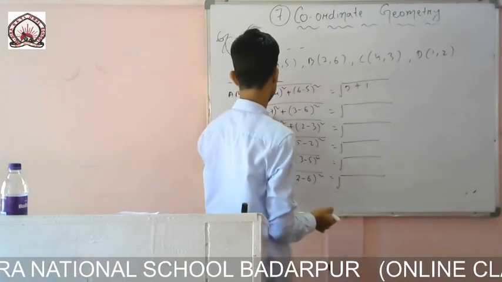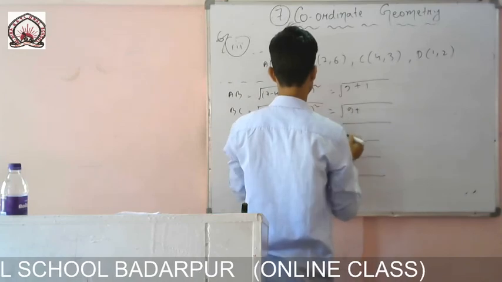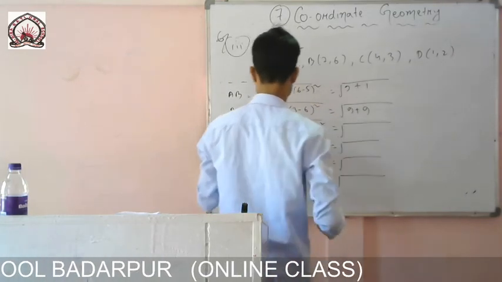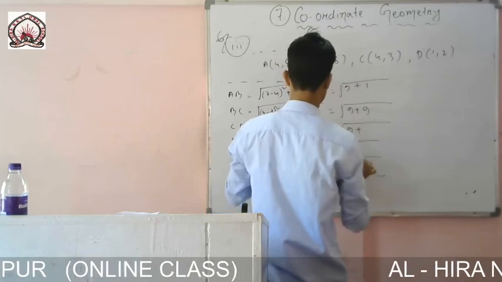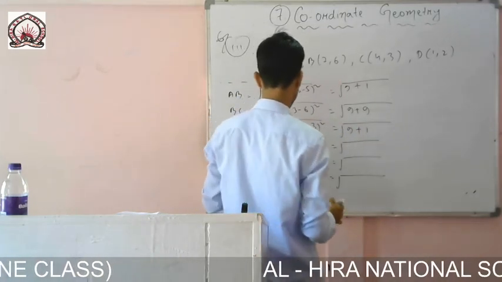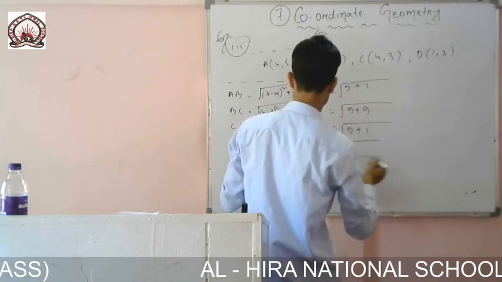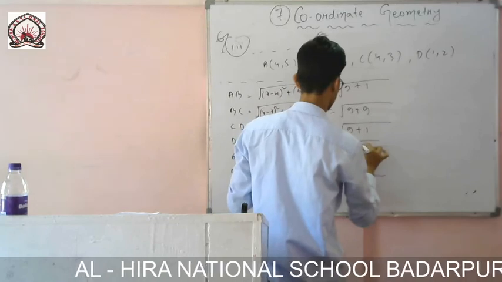Then 7 minus 4, again it will be 3, so 3 squared is 9. 6 minus 3, again it is 3, 3 squared is 9. 4 minus 1 is 3, squared is 9. 3 minus 2, here it will be again 1, so 1 squared. 4 minus 1 is 3, so 3 squared is 9. 5 minus 2, again 3, 3 squared is 9.